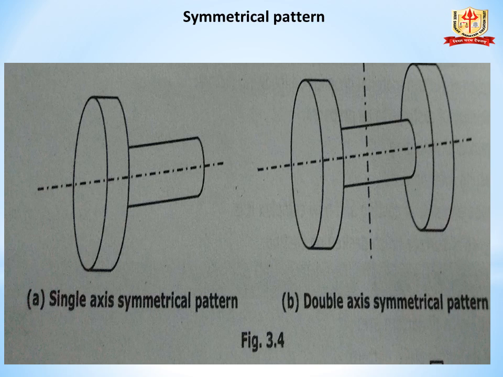This pattern is made for articles of symmetrical shape so that they can be parted into two exactly equal and similar shapes along a common center line. Cylindrical shapes are more suitable for this pattern. In the diagram you can see single axis symmetrical pattern and second diagram double axis symmetrical pattern.